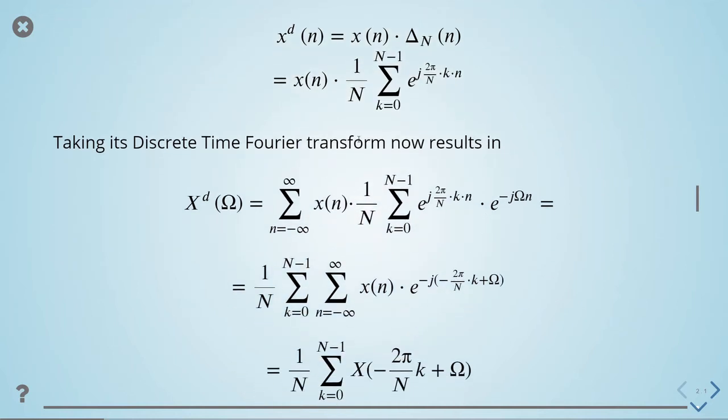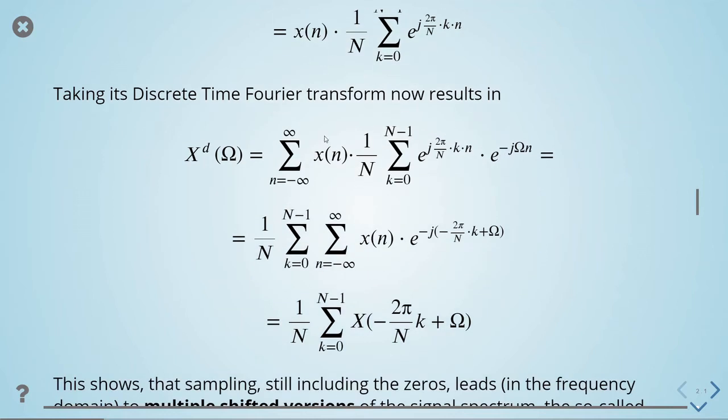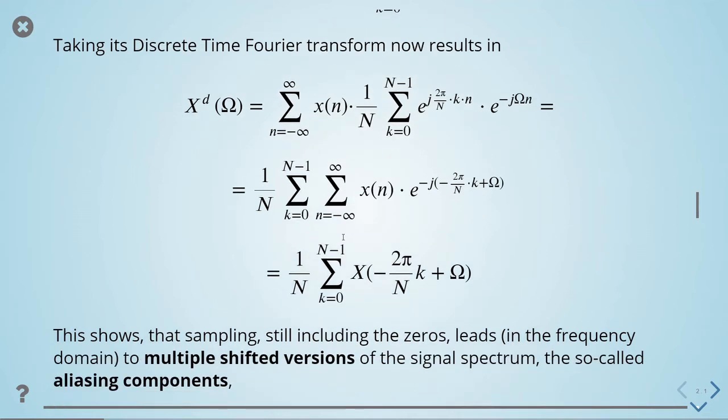There is a summation from minus infinity to infinity, and here we have e to the minus j omega n. From here we can get this equation, and this is the result.